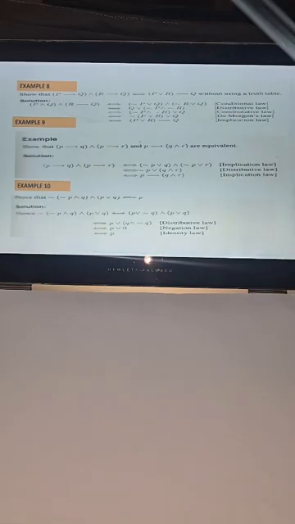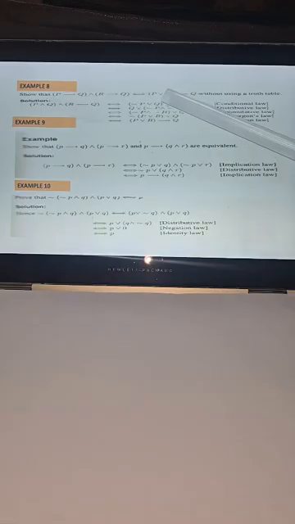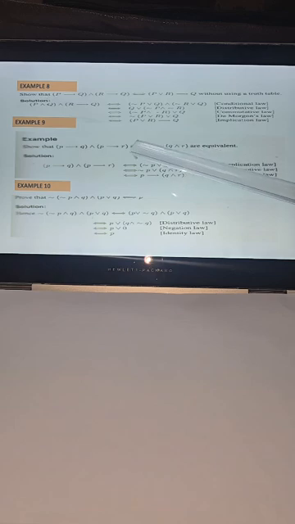Next example, show that (P to Q) and (R to Q) is equivalent to (P or R) to Q without using a truth table.